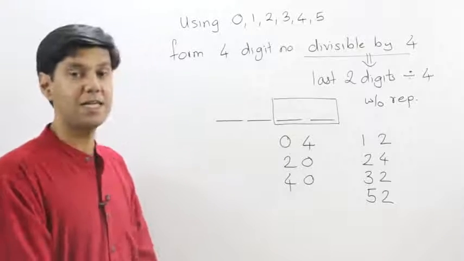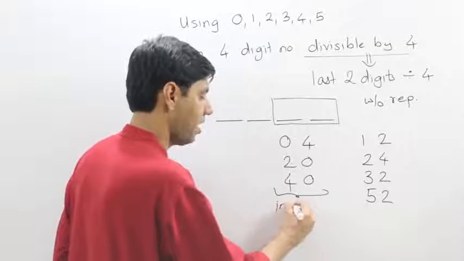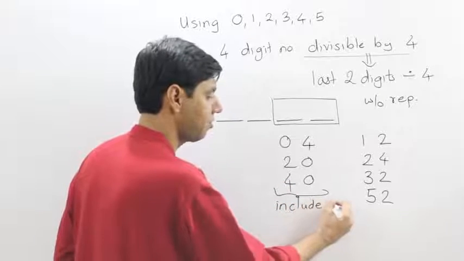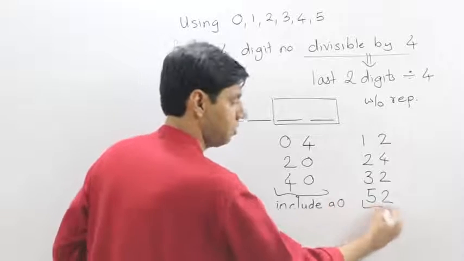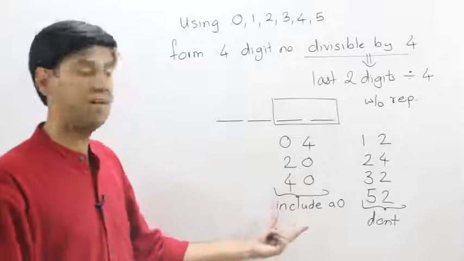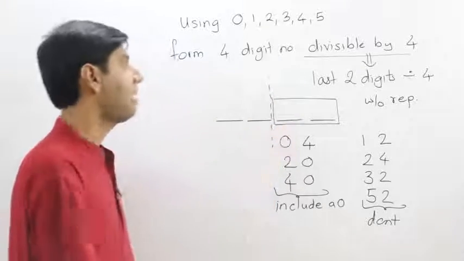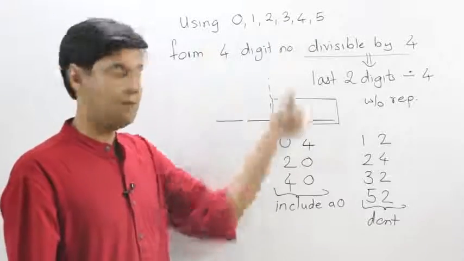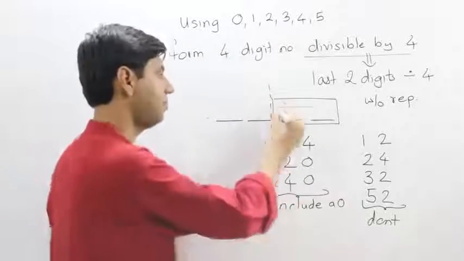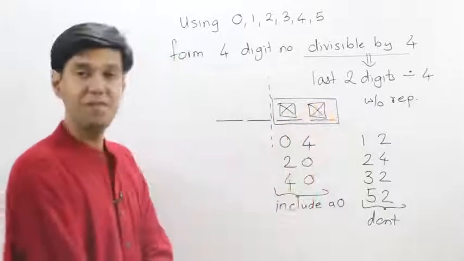Now why have I written it in separate columns? These include a 0, whereas the other ones don't. And it does matter. So for example, if these are your zeros, having filled this position in, out of the 6 available digits, 2 have been used up, and I am left with 4 of them.